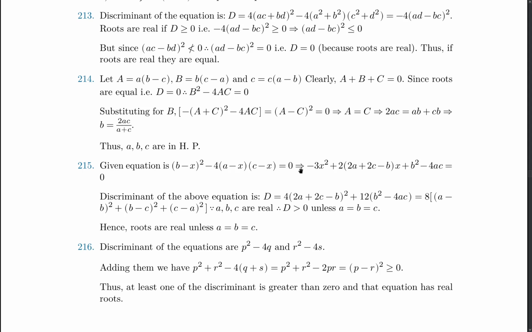We expand it and we get minus 3X square plus 2 into 2A plus 2C minus B into X plus B square minus 4AC is equal to 0.